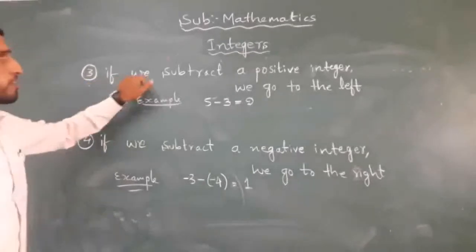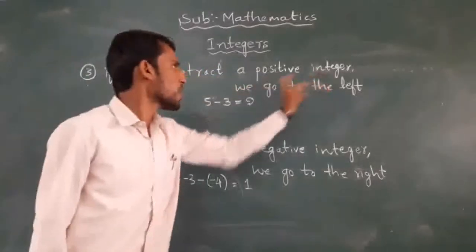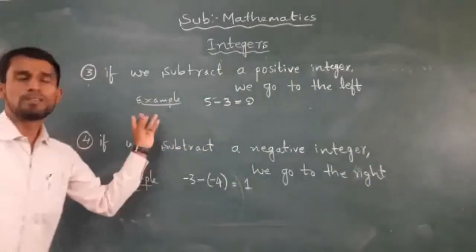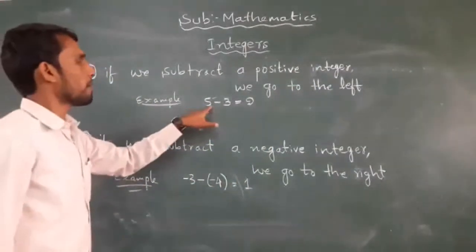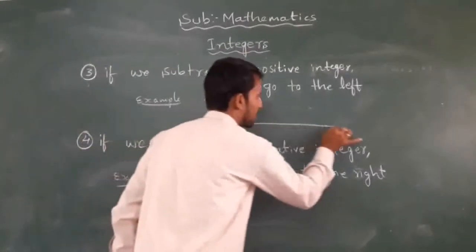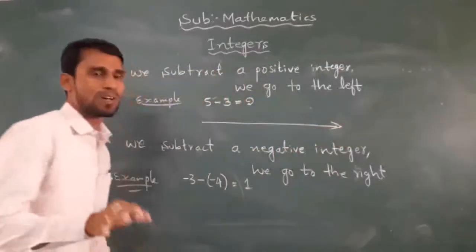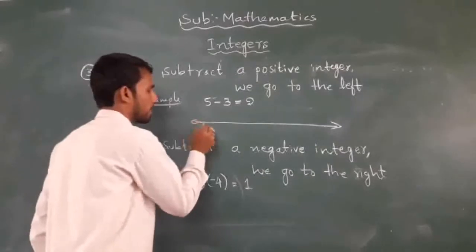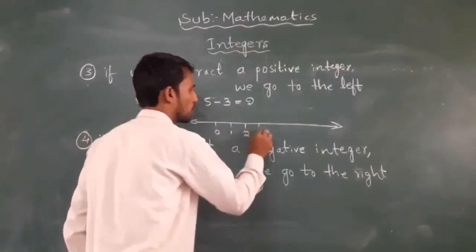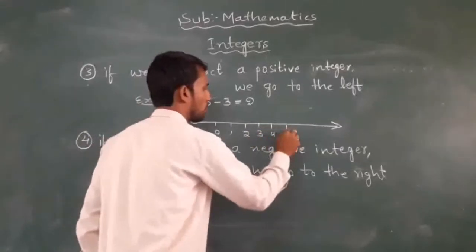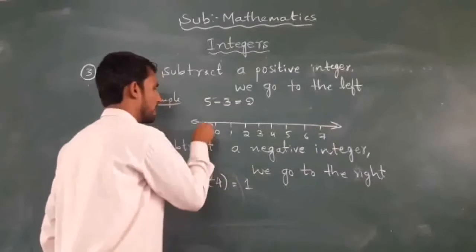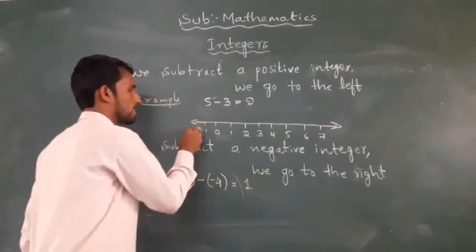Third fact, if we subtract positive integers, we go to the left side. I will show by using one example here: 5 minus 3 is equal to 2. When we subtract on the number line, we move towards the left side. See here, 0, 1, 2, 3, 4, 5, 6, 7, infinity, minus 1, minus 2.